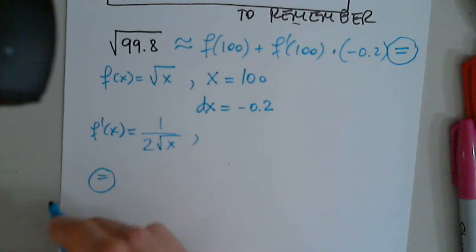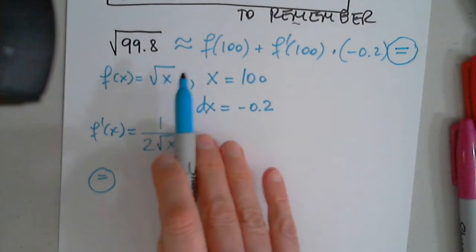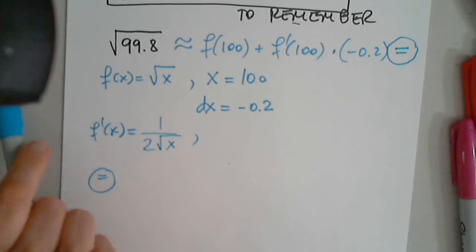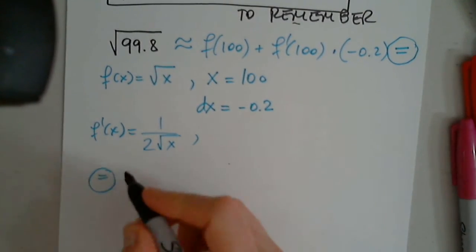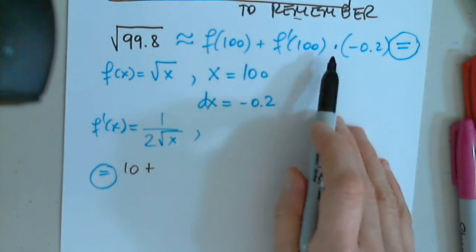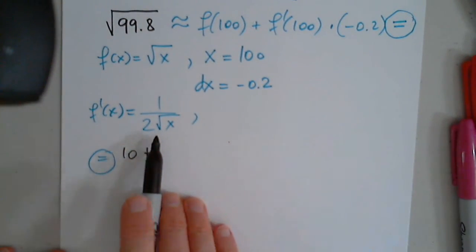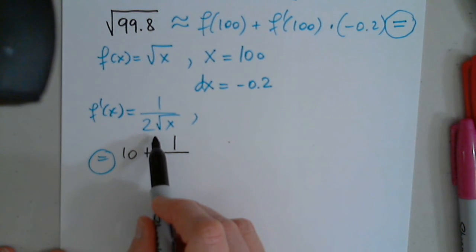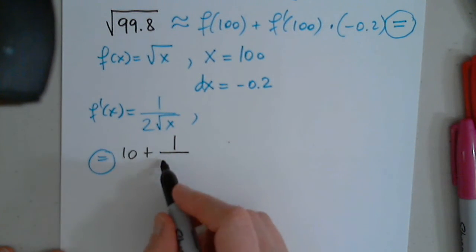It's continuing here. Can anyone give us f of 100? 10. Very good. 10 it is. Plus. Can anyone give us f prime of 100? 1 over 20. Good.